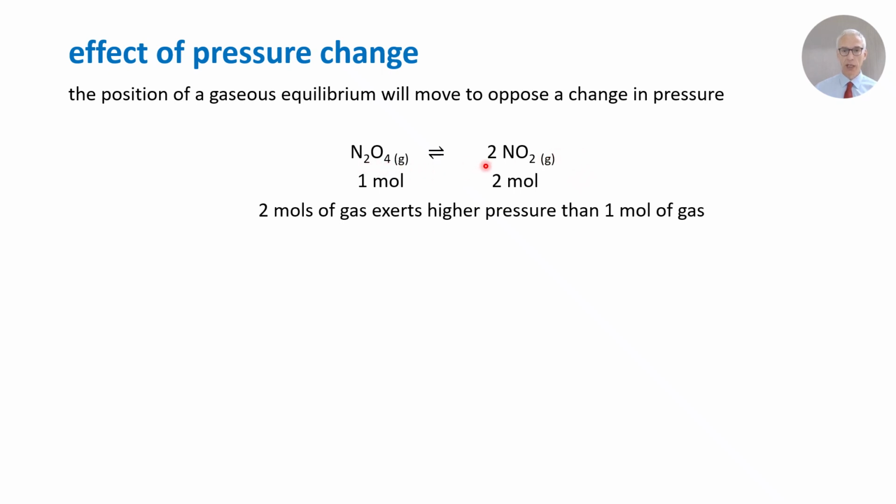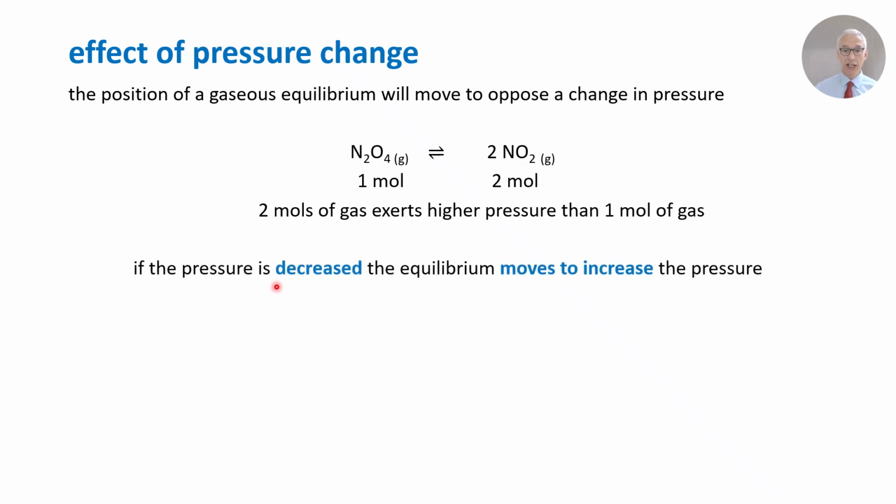N2O4 forms 2 molecules of NO2, nitrogen dioxide or nitrogen 4 oxide. 1 mole on the left-hand side, 2 moles of gas on the right. 2 moles of gas exerts a higher pressure than 1 mole of gas by collision with the container wall. So the right-hand side is the higher pressure side.